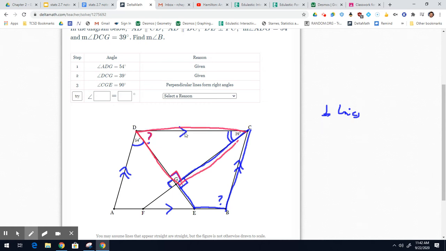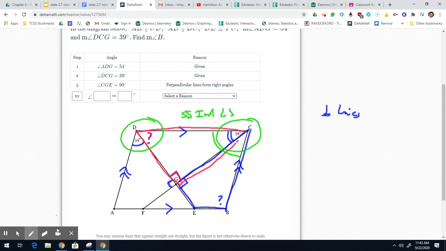Then I can say that this big angle and this angle here have to be supplementary because they are same side interior angles. So I'll be able to get what this big angle is, and I'll subtract it from 39. Now, I'm not quite sure how the justification is going to go, but we'll see what it allows me to do.